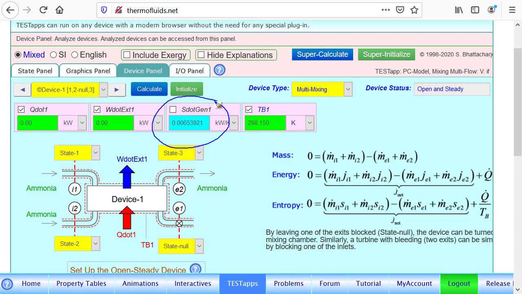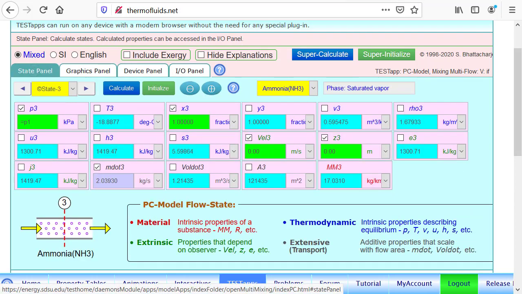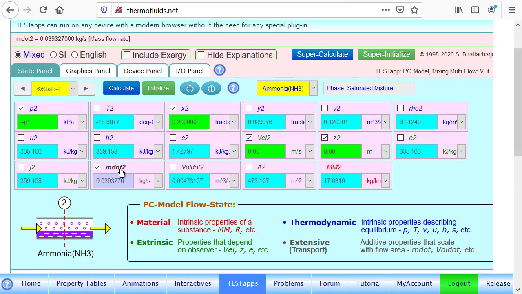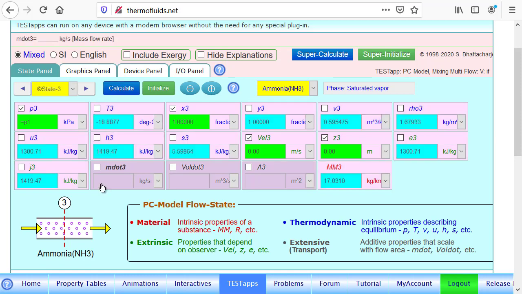Sometimes, for a more complex problem, you may have to take advantage of iteration. For instance, you could say Q dot is unknown in this problem, and to iteratively solve it, let me just quickly do that. Suppose we don't know what m dot 3 is.